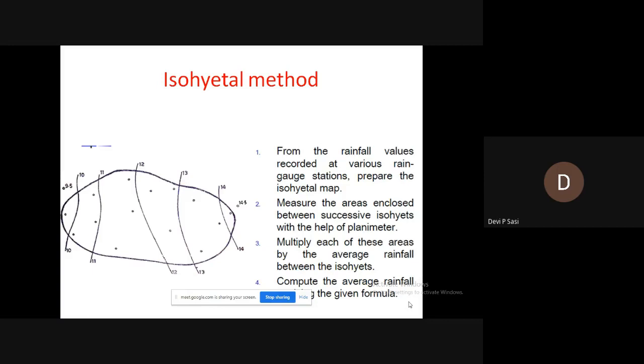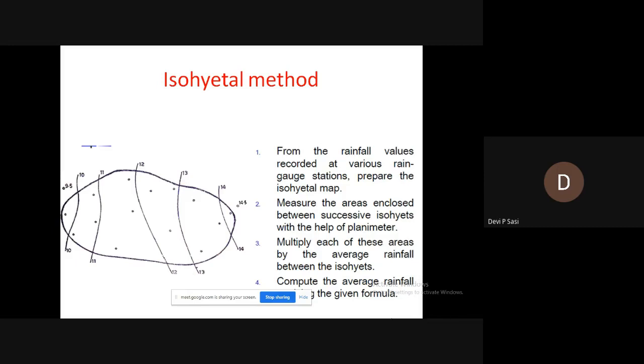So the first step in the isohyetal method is to prepare an isohyetal map from the given rainfall data.